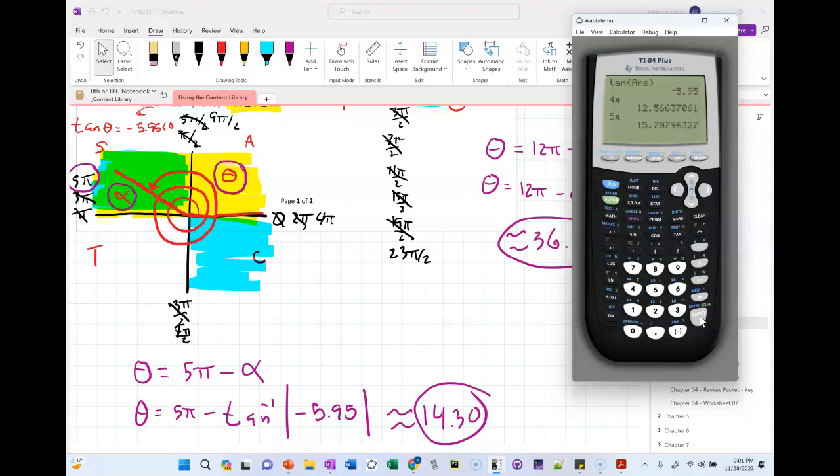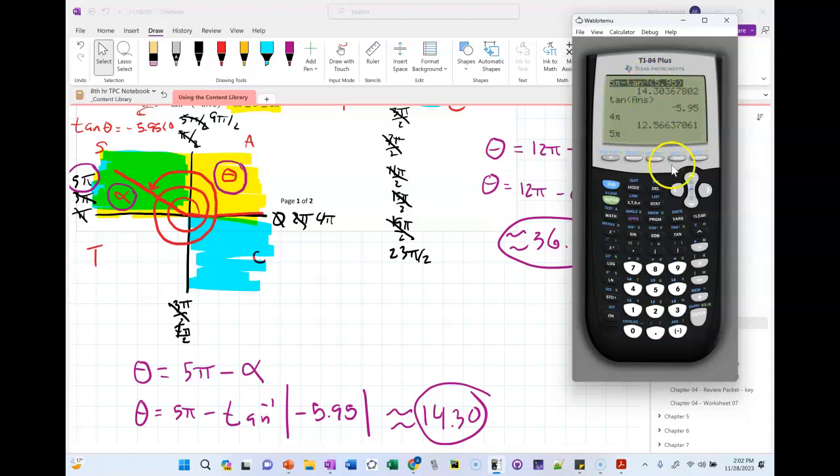Yes, wait. Do that thing where you got tan as the answer. So what I did is I did tan and I pressed second and the negative sign, and that'll give me the ans. But I can't do it now because the ans that I wanted was the 14.3 up here. So you have to do it right after you type that in, because ans is just whatever the previous output from the calculator was.